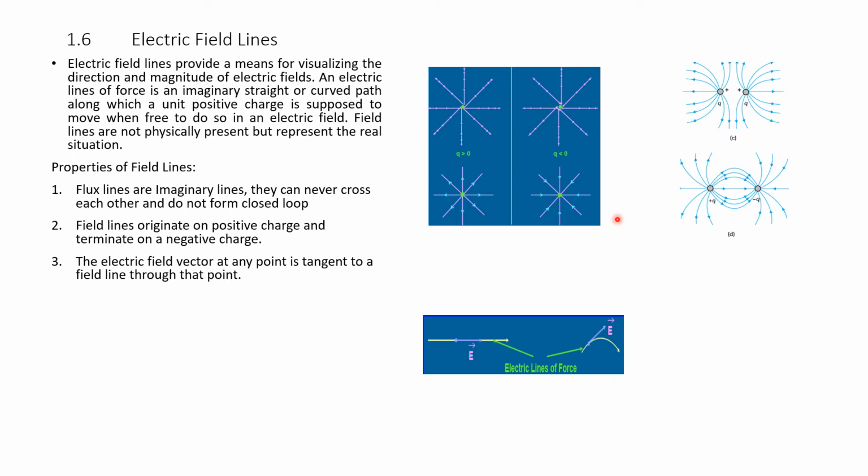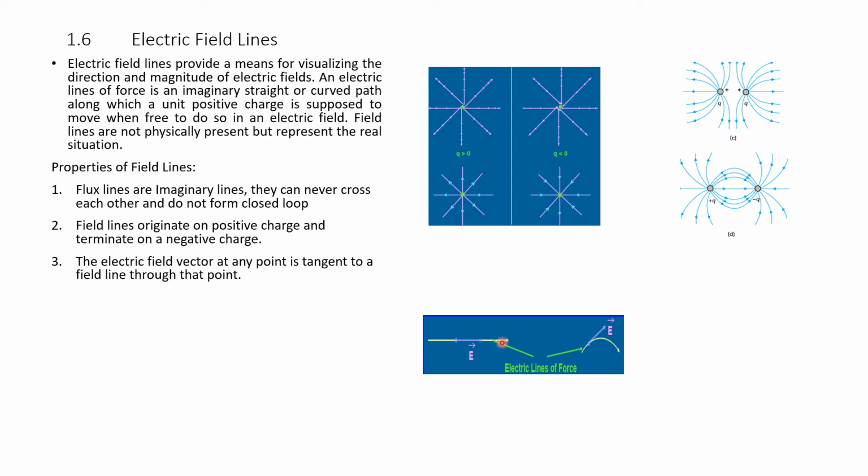The electric field vector at any point is tangent to a field line through that point. Please see this figure. The electric field line is a curve here, these are the lines of force, and the electric field is tangent. Here also it is tangent.